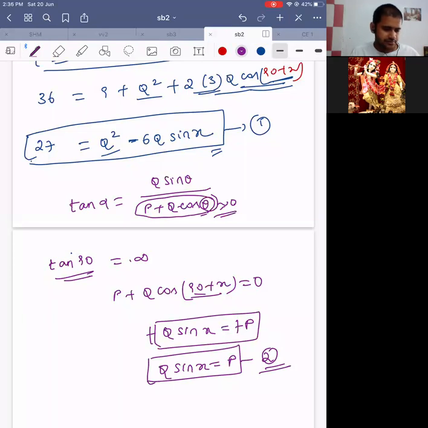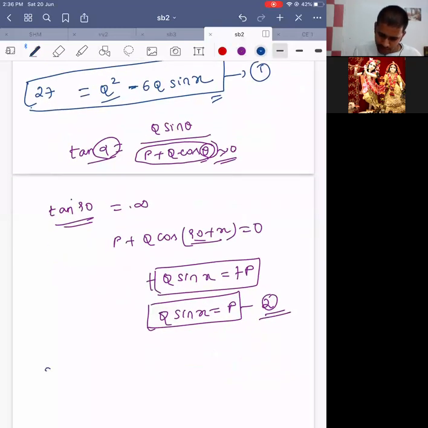Next, what we should do? So the alpha part is done. Let's replace this 2 in 1, the second expression in the first expression. Then the answer would be 27 is equal to q square minus 6 into q sin x.